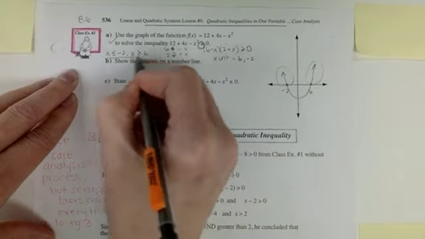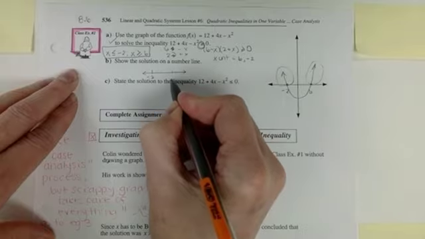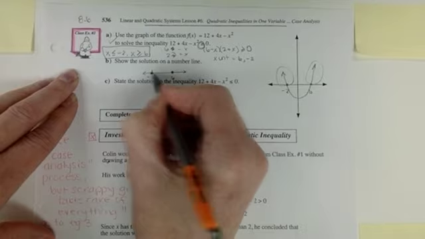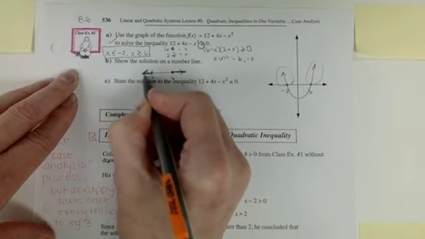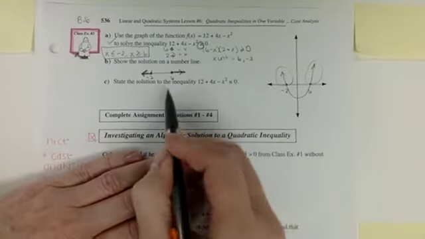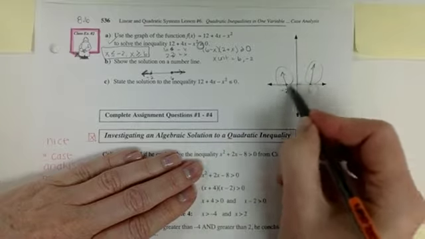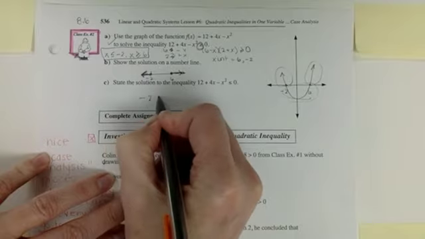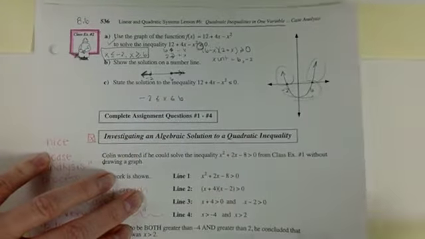So on a number line, -2 and 6, shaded, so a solid dot, and above and below. Then the solution to the less than or equal to here is -2 less than or equal to x less than or equal to 6. Great.